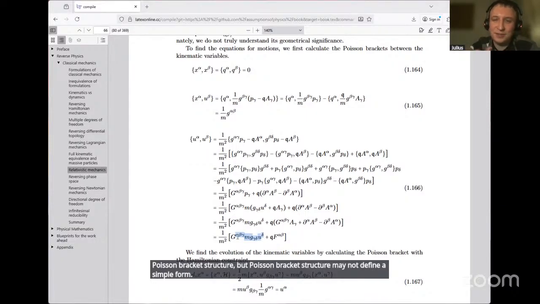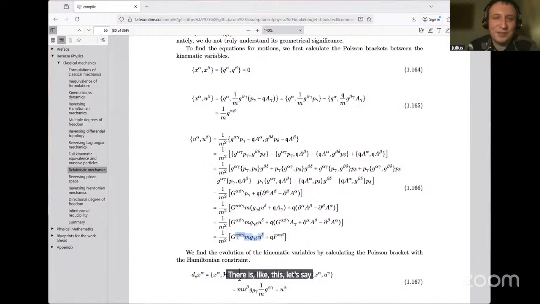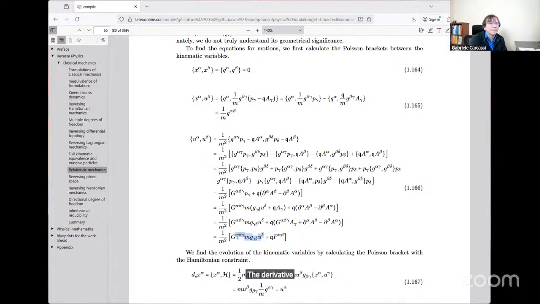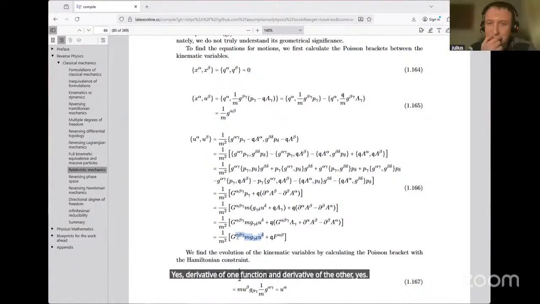It's not a two-way street, and basically to define this covariant Poisson structure, what you need to do is take the inverse of the symplectic form and contract it with the derivative of one function and the derivative of the other. Yes. And then this would kill these terms.